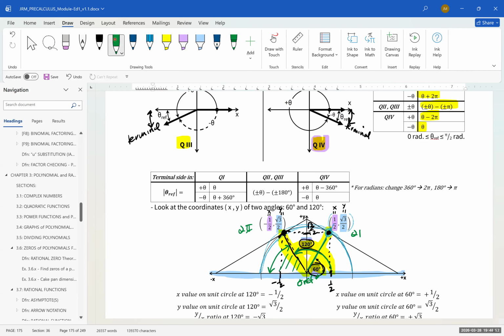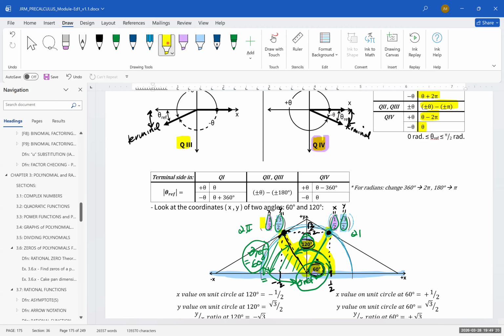It's this pizza slice. And that reference angle is 60 degrees. So the reference angle for 120 degrees is 60, and the reference angle for 60 degrees is also 60. Their reference angles are equal to each other, and since they have the same reference angle, they're going to share the same x and y values.